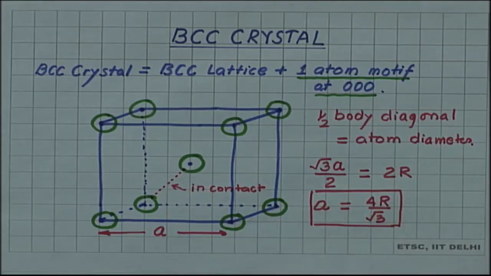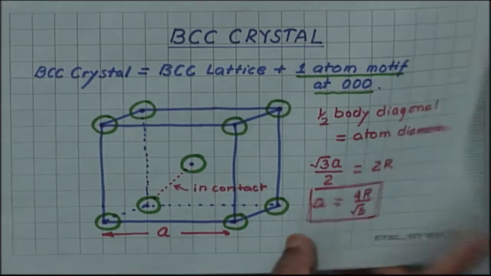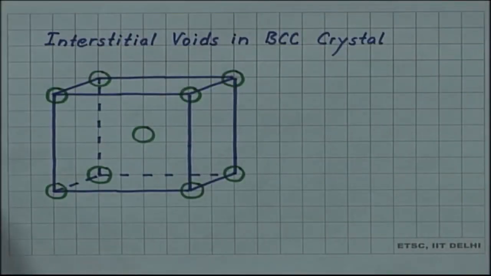Now, what kind of voids are there in this BCC crystal? We saw that in close packed structure we had tetrahedral and octahedral voids.